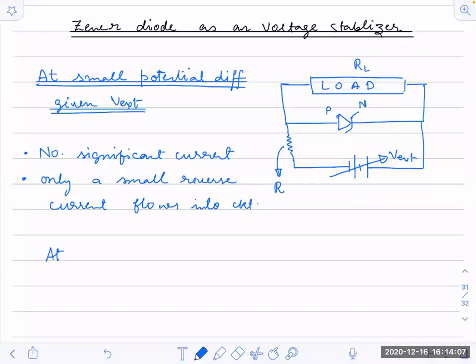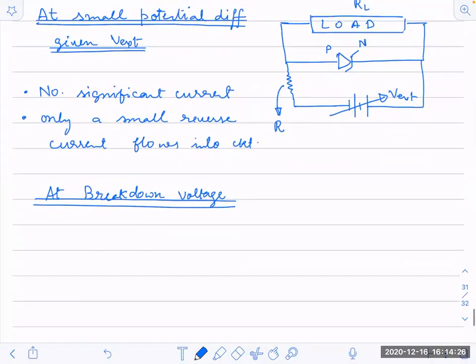So at breakdown voltage, at voltages greater than or equal to the breakdown voltage, what would happen?